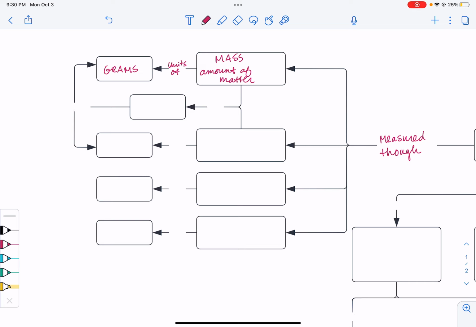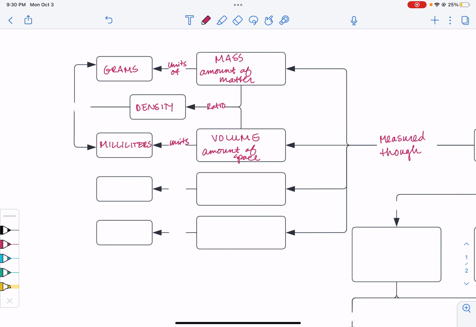We can also measure matter through volume, which is the amount of space. And our most common units for volume are milliliters. Now, we said that we can do a ratio of mass to volume to get density.